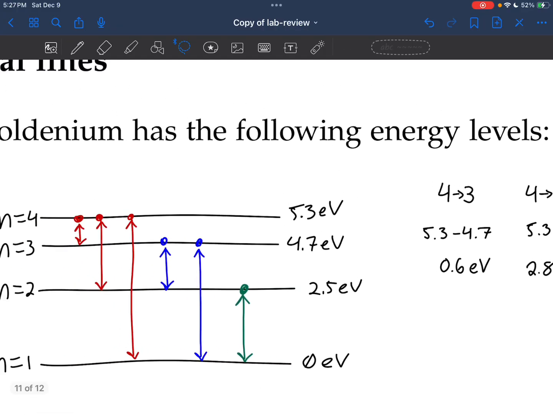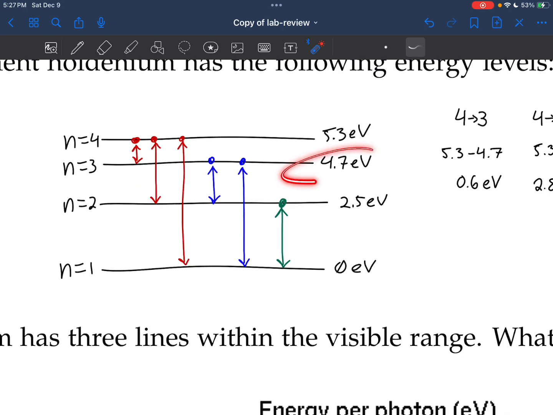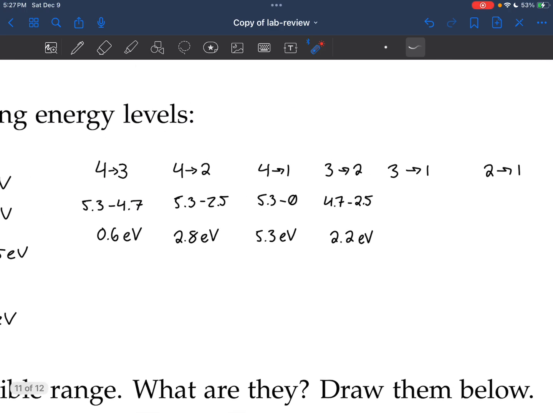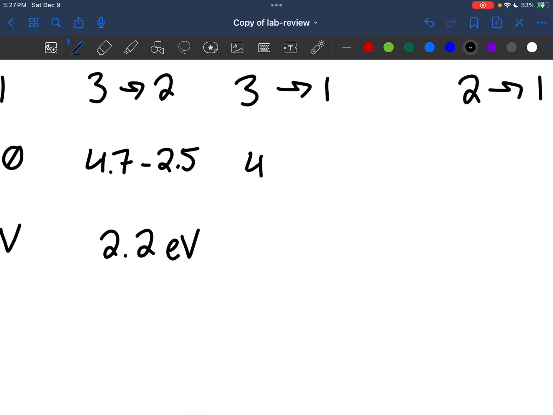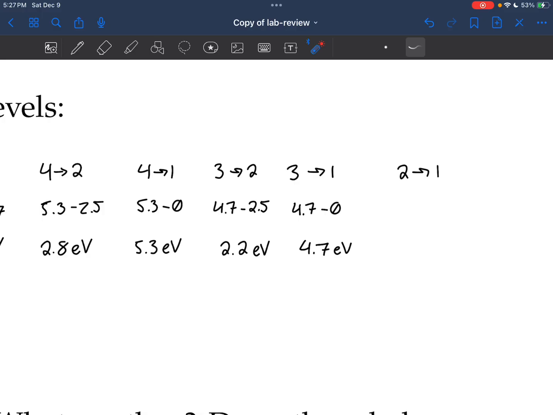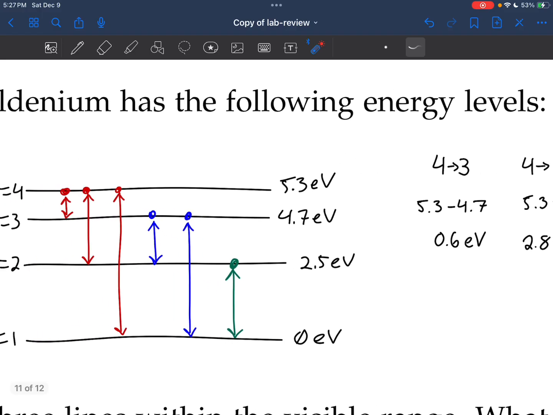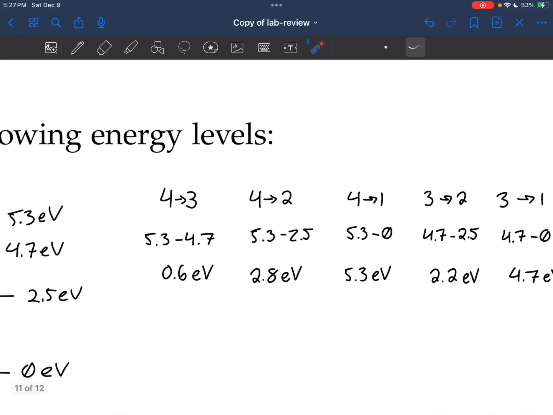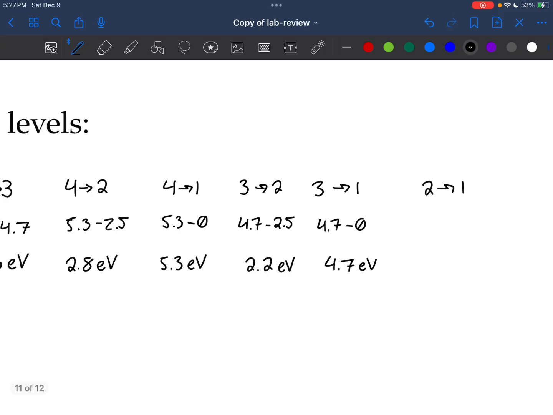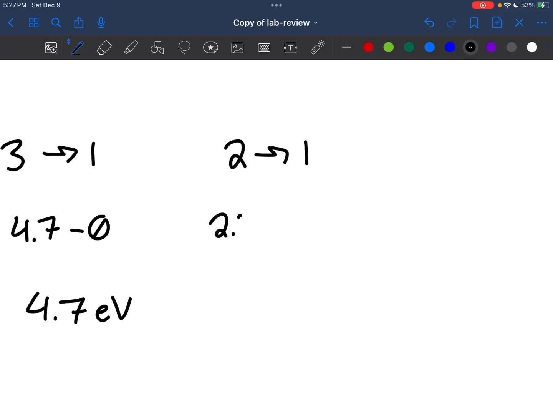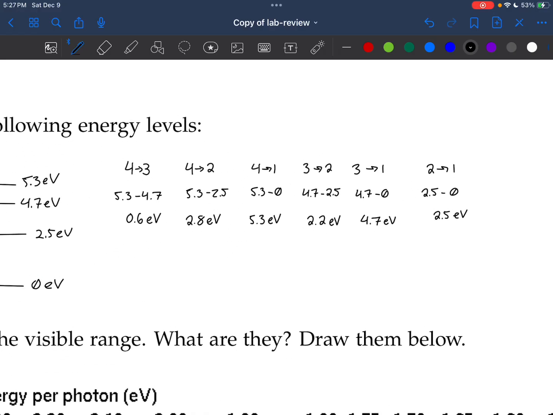And then going from 3 to 1, I go 4.7 down to 0. So it'll be 4.7 minus 0. That'll be 4.7 eV. Now lastly, going from 2 to 1, going 2.5 to 0. So it'll be 2.5 minus 0, 2.5 eV. All right. So I have all of my energy transitions.